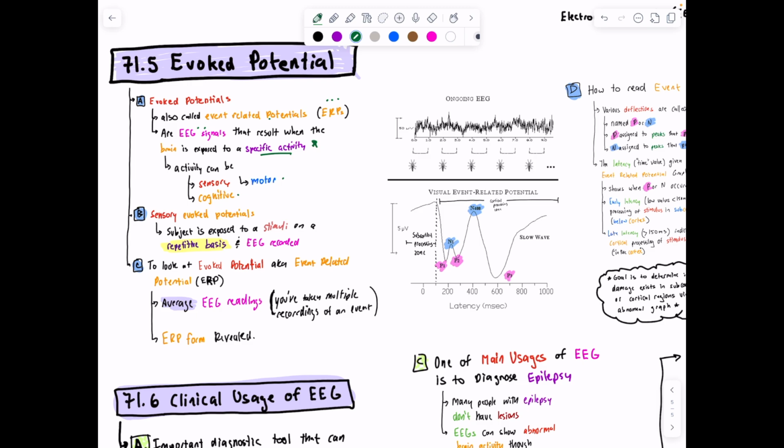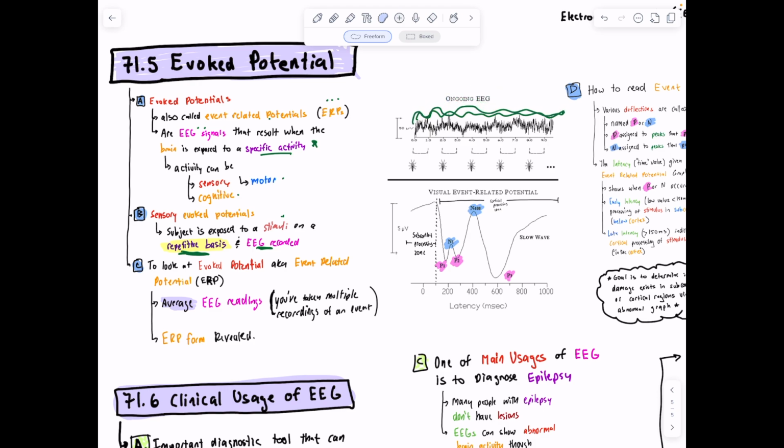So if you expose a subject to repeated sensory stimuli, again, on a repeated basis, and you record an EEG, then you can overlap them. Say you have one EEG, and then you have another EEG. If you have multiple recordings, this is from getting poked once, and this is getting poked in the exact same place again.